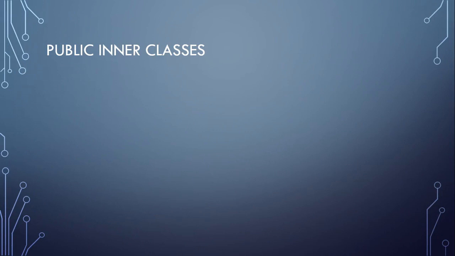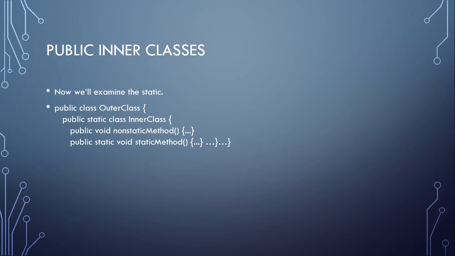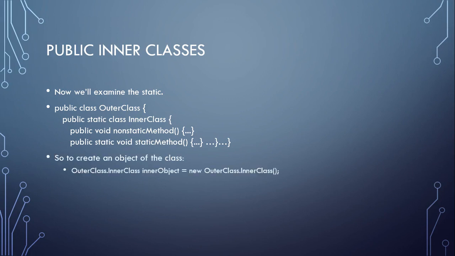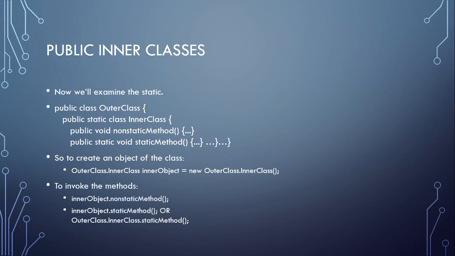Now, if we look at public inner classes that are the static side, if we have an example here, you'll notice in this example we have both a non-static and a static method in here because they behave slightly differently inside of the static class. So if we wanted to create an object, we're going to say OuterClass.InnerClass innerObject equals new OuterClass.InnerClass. And then to invoke the methods, if I want to do the non-static, I can say innerObject.nonStaticMethod.